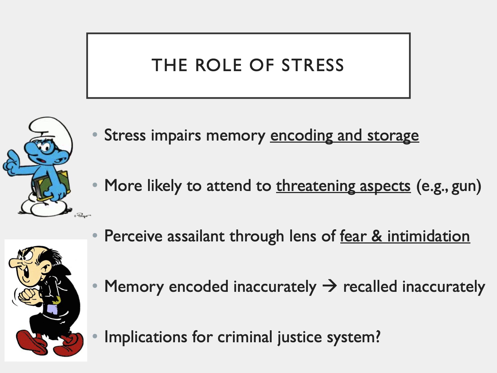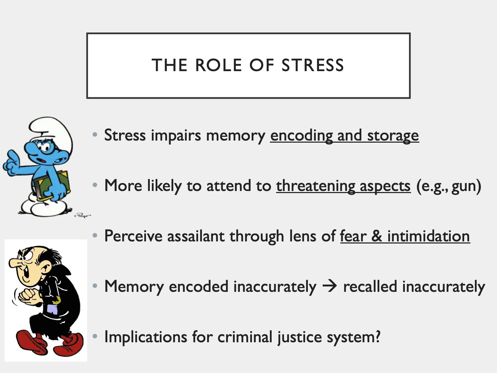Psychologically, the role of stress goes back to what we've talked about already, which is that what we're paying attention to affects what we remember. So on a psychological level, we tend to respond to our stress by focusing on the things that align with that sense of stress.